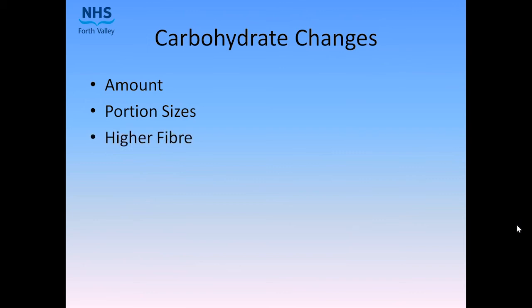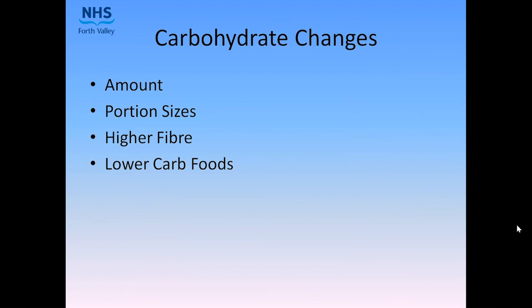Try to have higher fibre versions of starchy carbs, such as whole grain breads and cereals, as the fibre they contain slows down digestion and glucose release. Eat more foods that naturally contain lower amounts of carbs, such as vegetables.